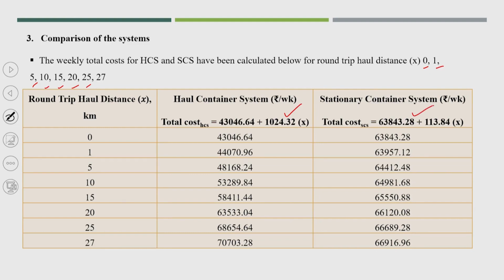Here you see that as your haul distance increases, the total cost of the haul container system also increases. Similarly, the stationary container system cost was initially very high compared to the haul container system, and again it is rising, but that rise is not as high if you compare it with the haul container system.